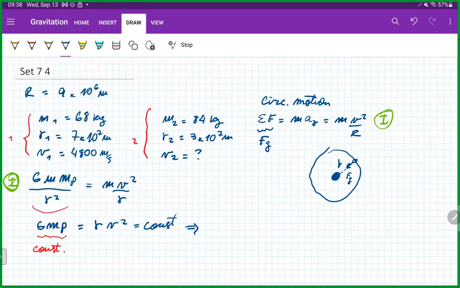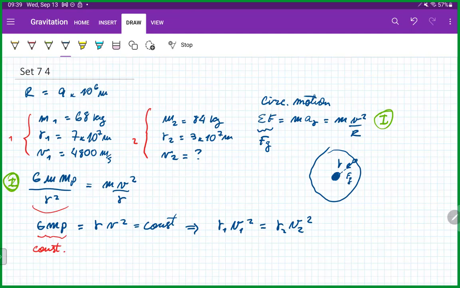And so now if we write this equation for each of the satellites, 1 and 2, then we would have R1 V1 squared equals R2 V2 squared. So we have a really nice relationship between those.